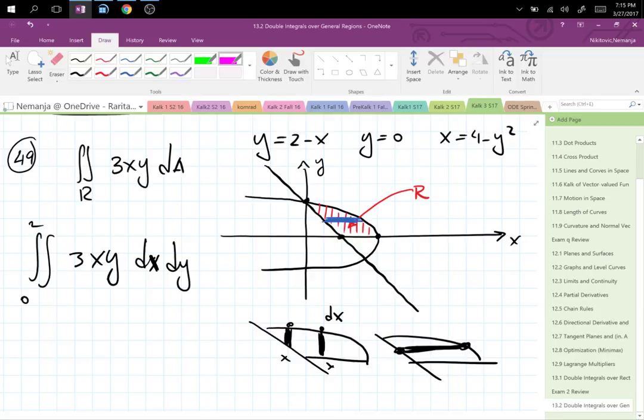It doesn't specify the quadrant. Oh no, it does say in the first quadrant. Problem 49, in the first quadrant, right there. Good.